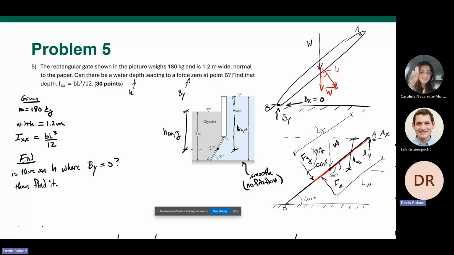This angle here is 60 degrees. We're looking for the weight normal to our surface, WN. So WN is going to be W cosine of 60 degrees.